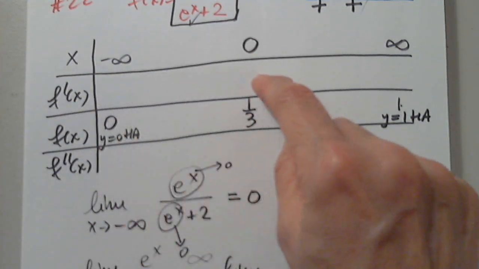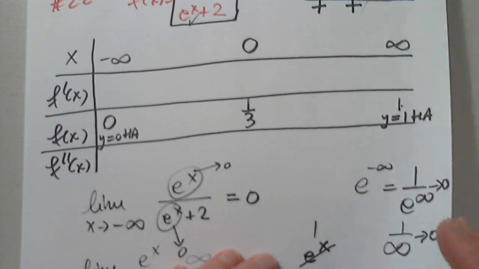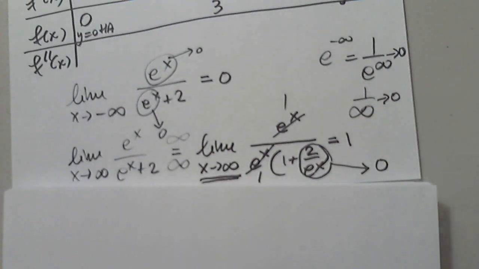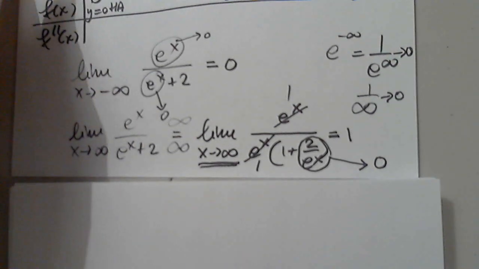Now we move on to the first derivative. And we will study the first derivative with critical numbers and the sign, etc. Stop me if you have questions. Any questions so far? Anyone? Okay.